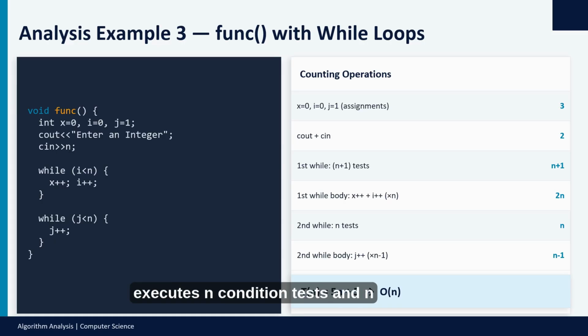The second while loop executes n condition tests and n minus 1 increment operations, contributing 2n minus 1 units. Summing everything, T of n equals 3 plus 2 plus 3n plus 1 plus 2n minus 1, which simplifies to 5n plus 5. This is O of n, linear, even with multiple loops in sequence. If they are not nested, the complexity remains linear because we add, not multiply, their contributions.